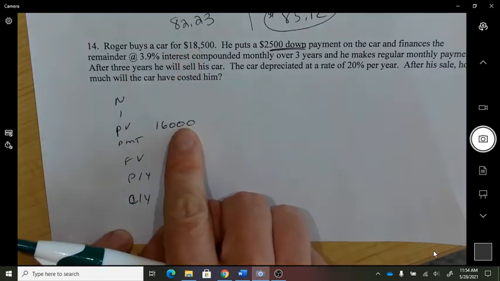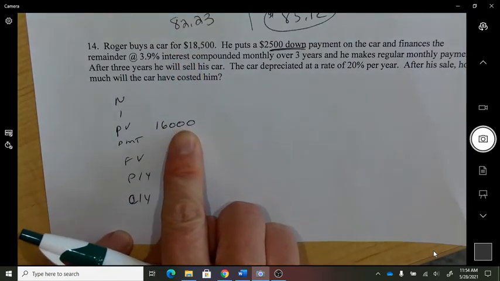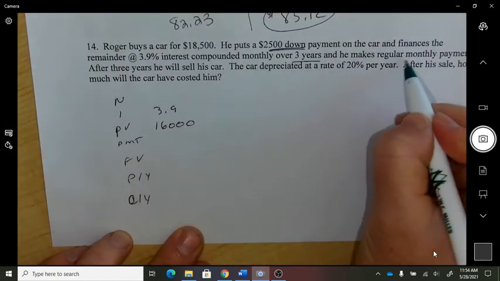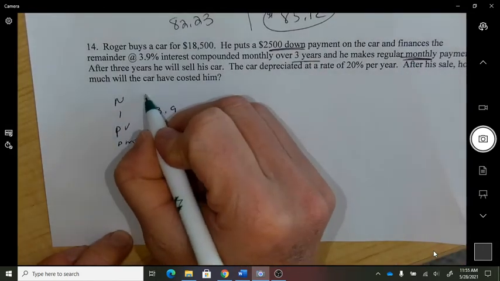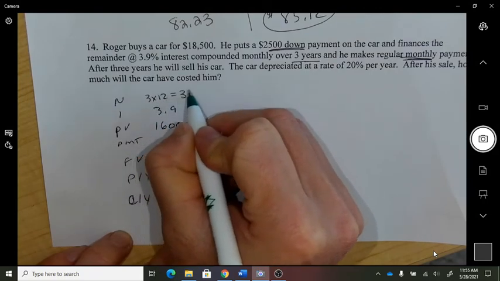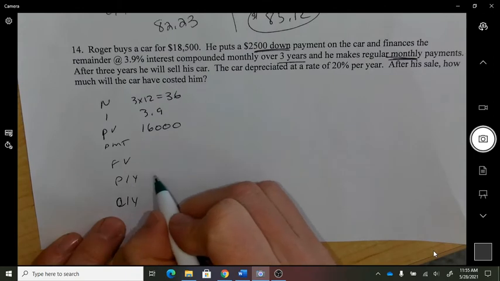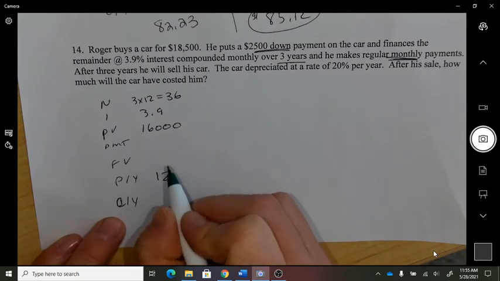So now I only need to borrow this much. 3.9%, 3 years with regular monthly payments, so that's going to be 36. Regular monthly payments per year.